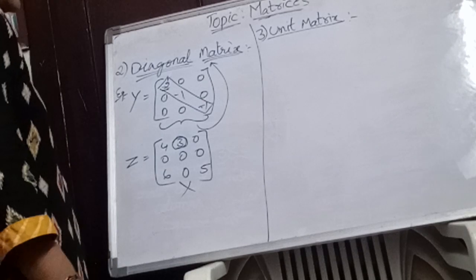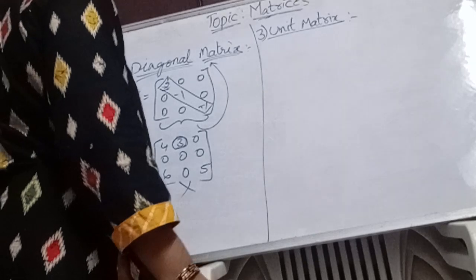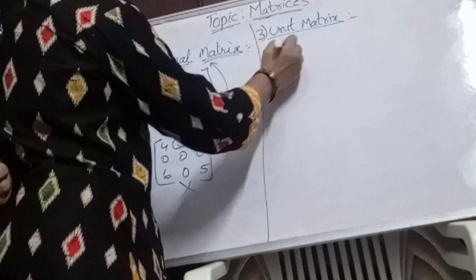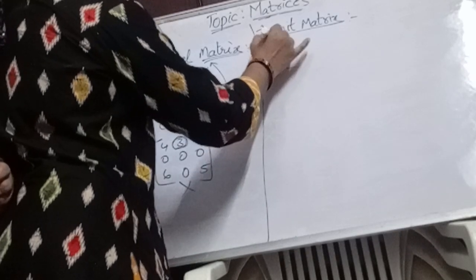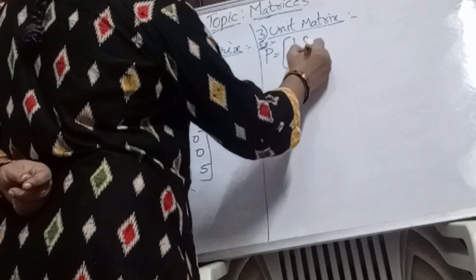Next, the third one, the unit matrix. For this also, let us take an example. P is 1 0, 0 1. Can you say what the order of this matrix is? Yes, it is a 2 by 2 matrix.